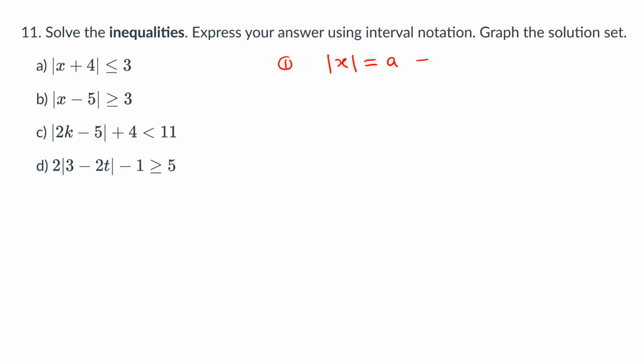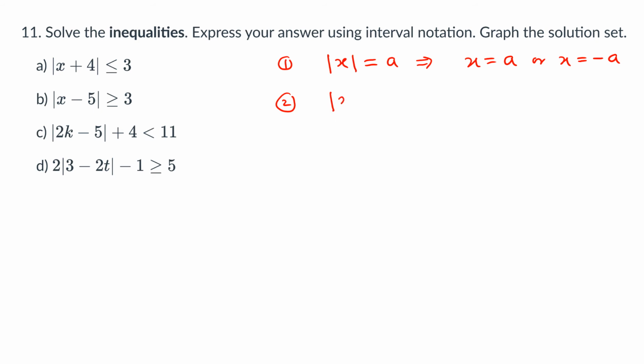If this is the case, there are only two possibilities. x has to be either a, or x has to be negative a, so it's plus or minus a. That's what happens when absolute x equals a, because if you disregard the sign, it is a. The only possibilities are plus or minus a. That's the first case, with the equal sign.